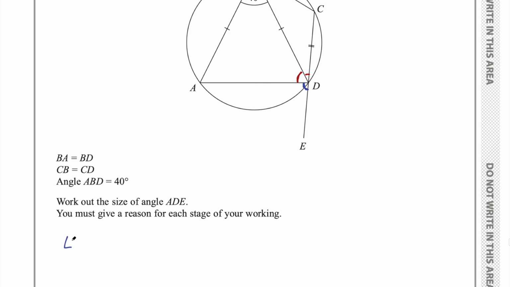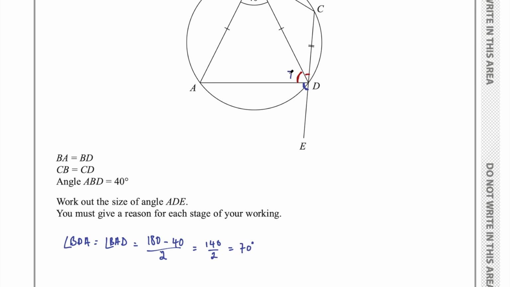So angle BDA equals angle BAD because that's isosceles. And you can do the whole working out if you want. This is 180 take 40, the other angle in the triangle, divided by 2. So this is 140 divided by 2, which is 70 degrees.